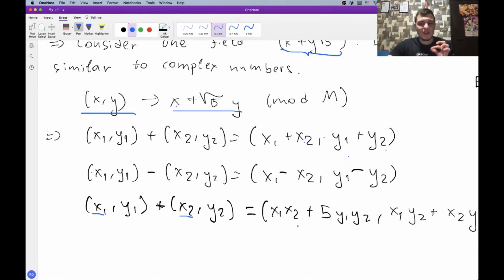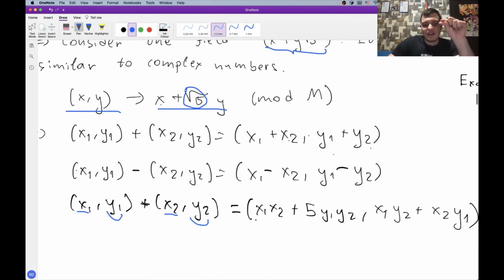Then also, when you multiply y1 by y2, you'd have two square root of 5s, so it's square root of 5 multiplied by square root of 5 multiplied by y1 multiplied by y2. So the fully integer part of the result of the multiplication would be x1 multiplied by x2 plus 5 multiplied by y1 multiplied by y2.